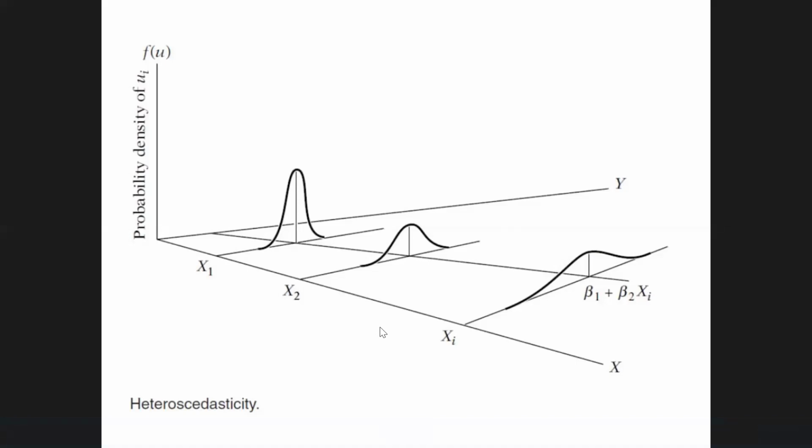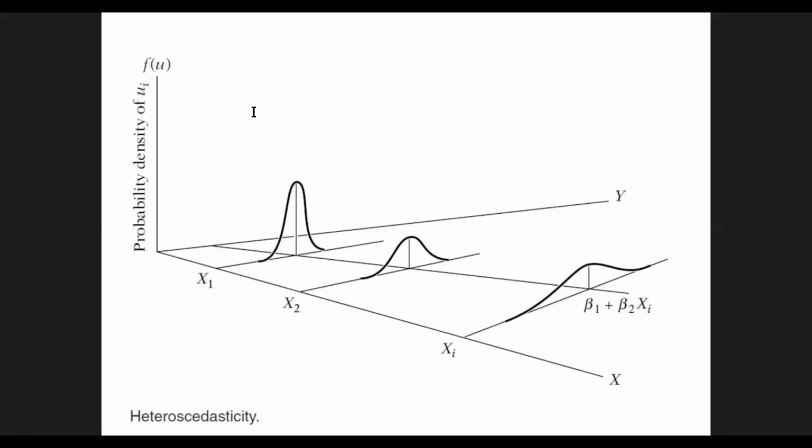If the variance of u1 will be equal to sigma 1 square. This will be in symbols, but we don't have any Greek symbol in the toolbox, so I wrote it in words.